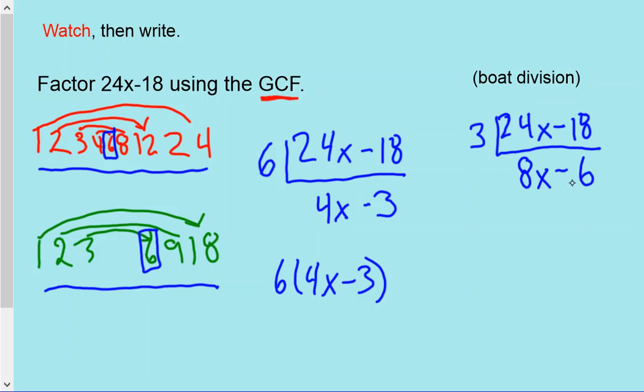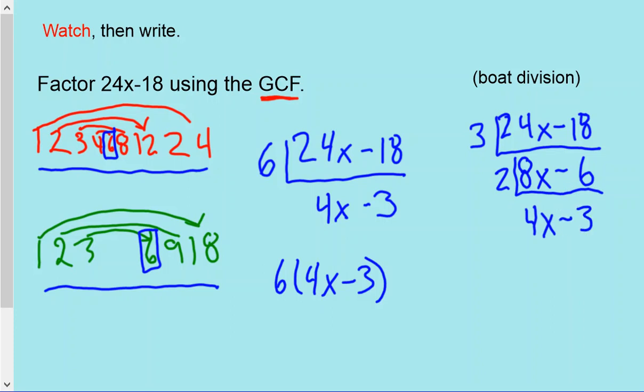Okay, so now if we look at this expression, we see that both of these are even, so they can be divided by 2. So we put it in a boat again, and then we divide by 2, and 8x divided by 2 would leave us with 4x, and negative 6 divided by 2 would leave us with negative 3.